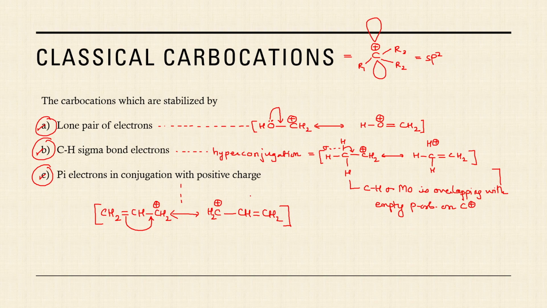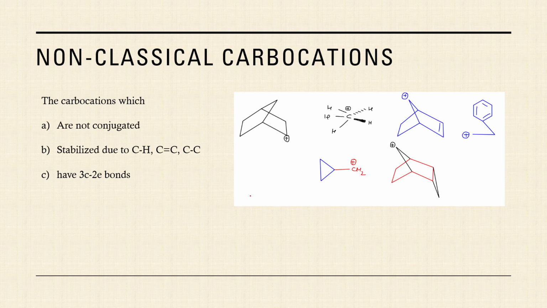Non-classical system में आप ये देखोगे कि जो कार्बोकेटाइन है, it is not conjugated. Okay, आप देखिए ये carbocations are the ones which are not conjugated. आप देख लो यहाँ ये कुछ examples मैंने लिखे हैं which are of non-classical carbocations, and these carbocations are not conjugated. You can see them.